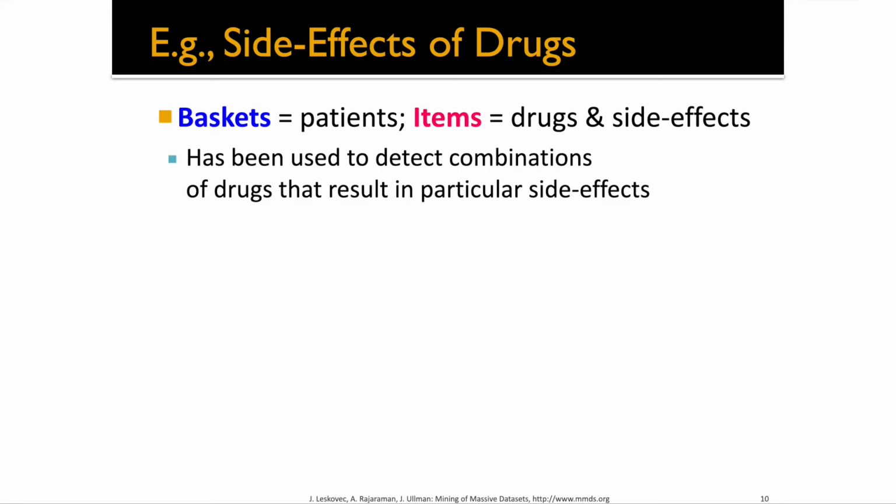So when we start looking for combinations of drugs that co-occur with side effects based on these basket collections, then we can start to make connections between what these drugs are and their potential side effects. Because we know the space of drugs and we know the space of side effects, that space may be very large, but by looking at where these co-occur and connecting these pairs of drugs and side effects together, we get insight into what drugs cause what side effects.